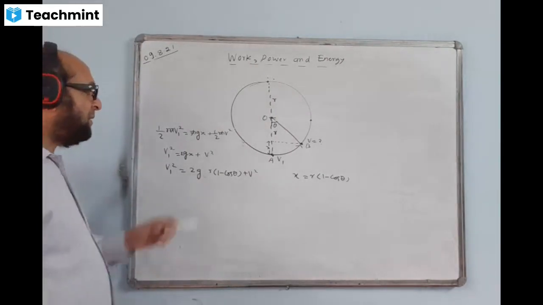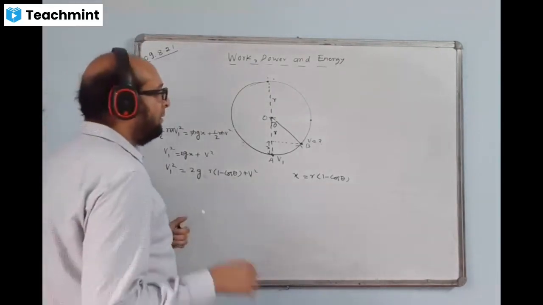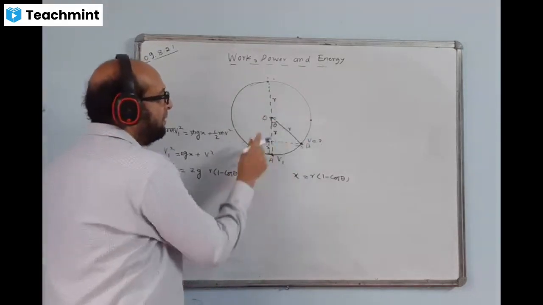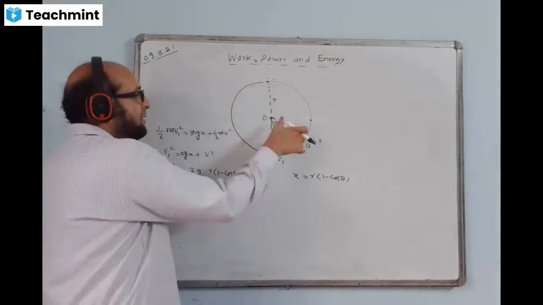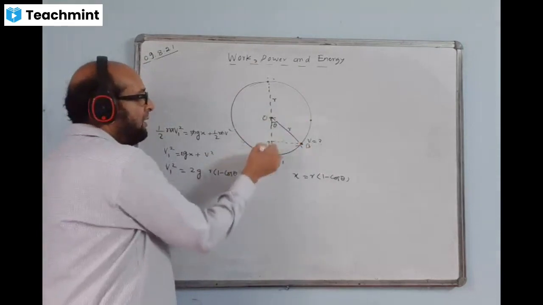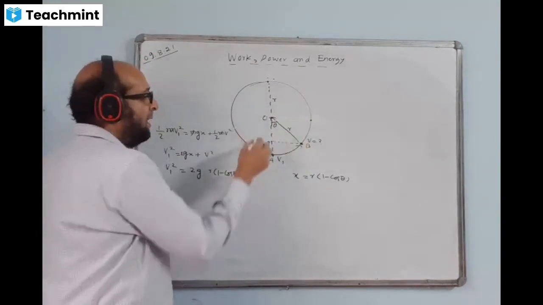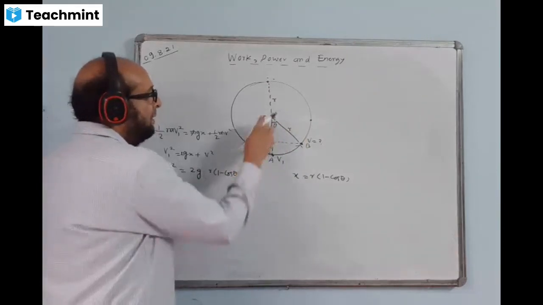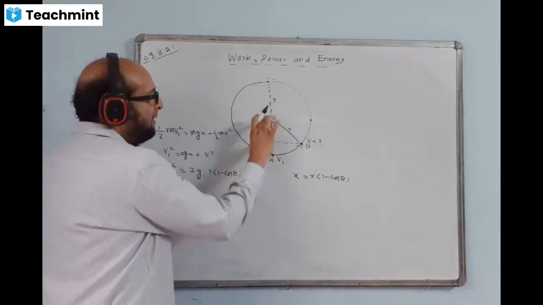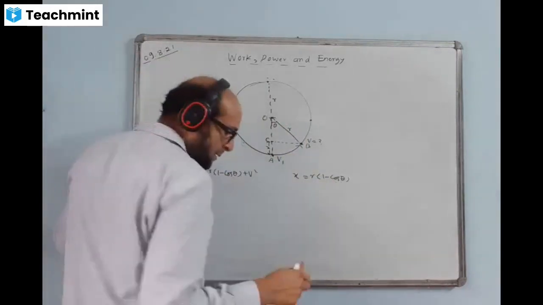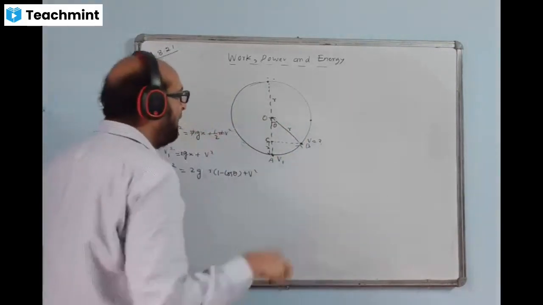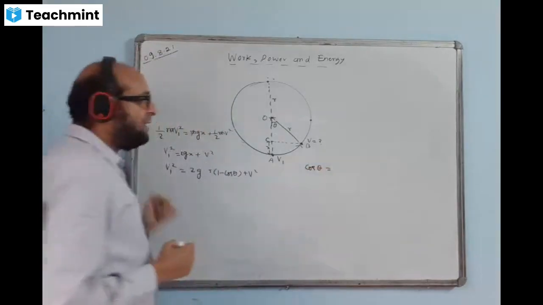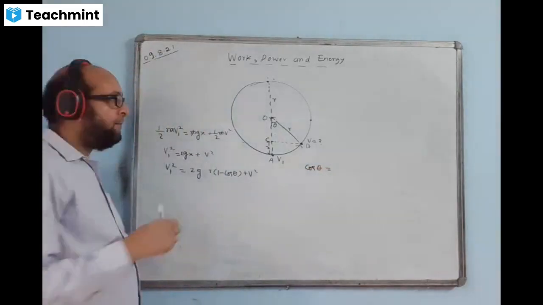But why we get this result, I'll show you, okay? This is also a radius, so I'll take it as r. OA is also a radius, OB is also a radius. I'll calculate the value of this part. I'll name this point C. Taking this triangle, I'll find the value of OC. For that, I will use the formula cos theta is base by hypotenuse.